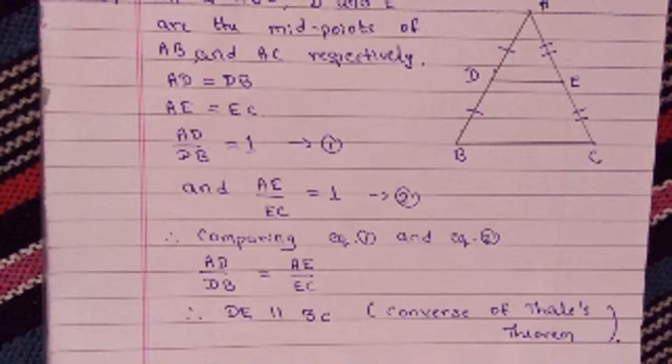Trapezium means one pair of sides is parallel to each other, in which AB is parallel to DC, and its diagonals intersect each other at the point O. Show that AO by BO equals CO by DO.